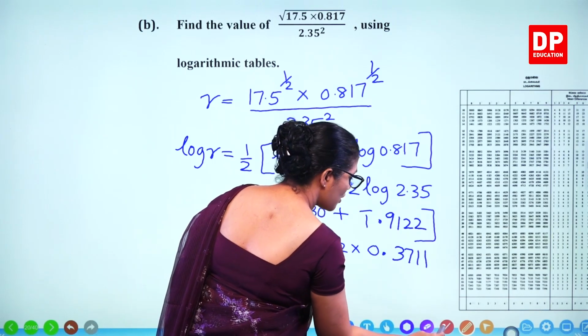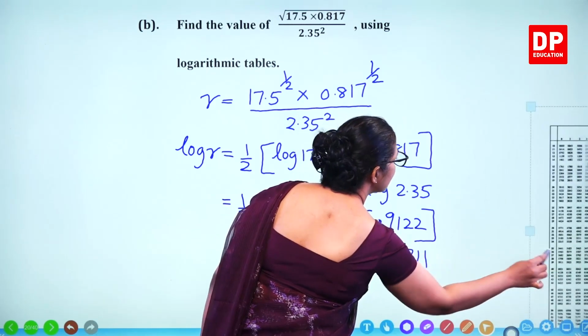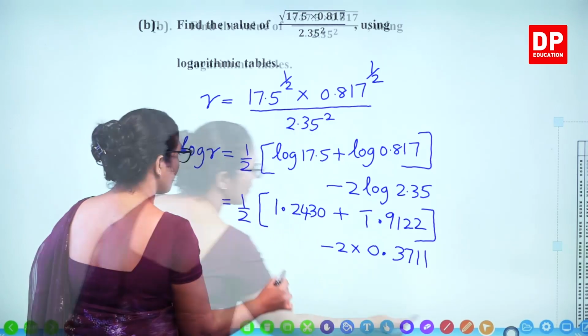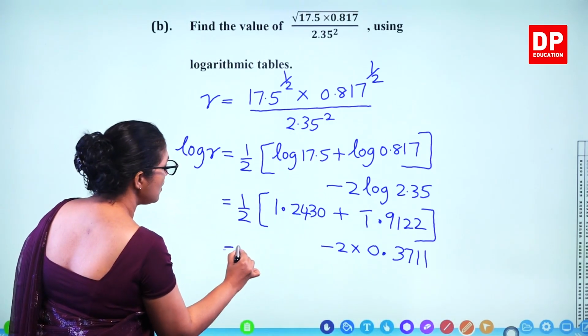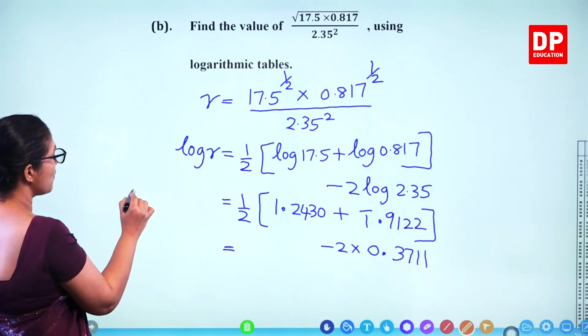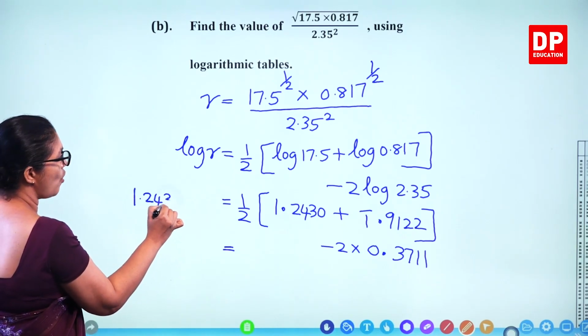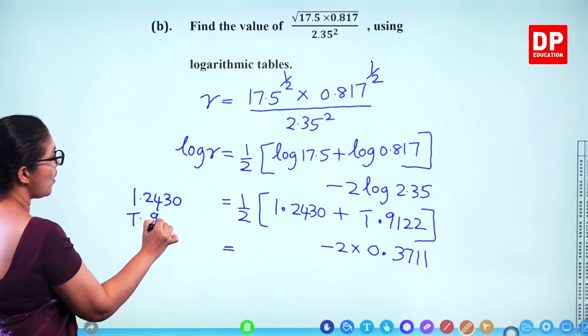Now we'll do the calculation. So we can do the calculation. We'll add these two first: 1.2430 and bar 1.9122.